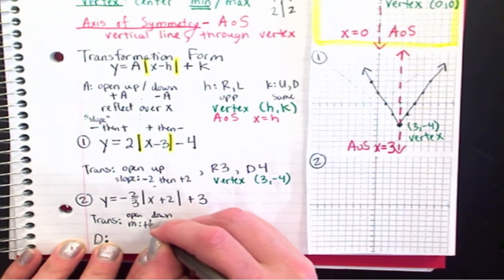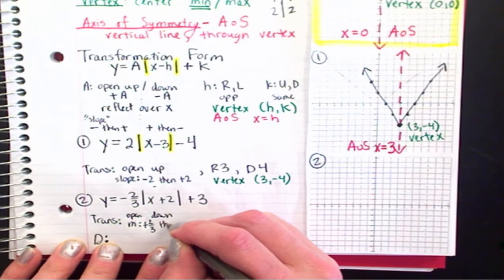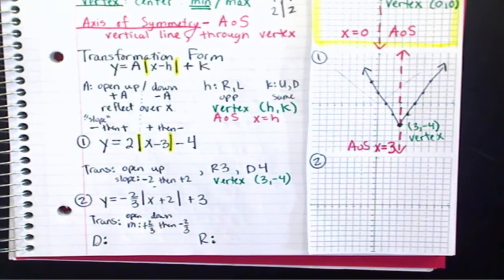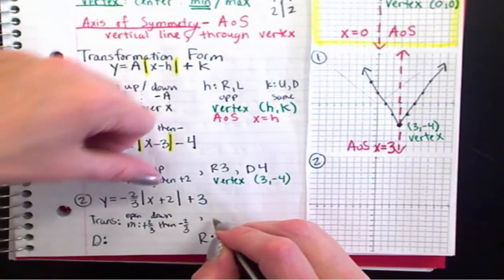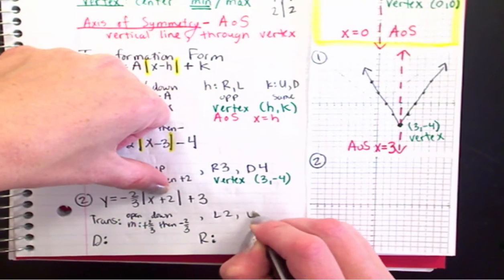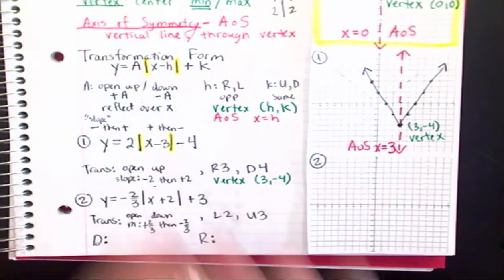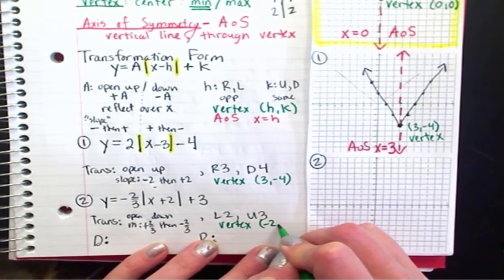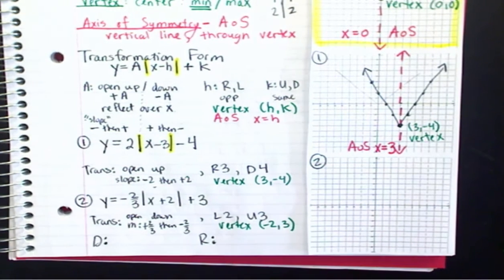It's going to be positive 2/3, then negative 2/3. It switches at my vertex. Left 2, up 3, left 2, left 2, up 3. Put it on the graph.